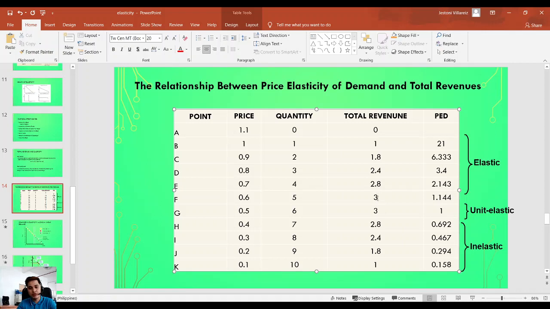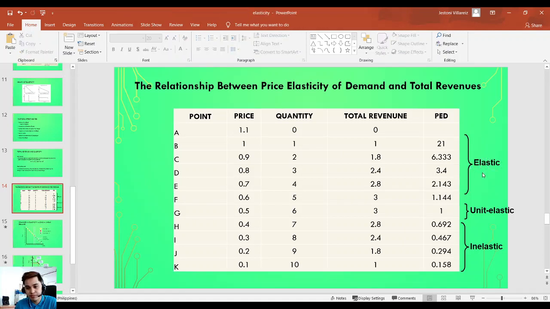Now while our total revenue is increasing, our elasticity of demand is elastic. Meaning, as we decrease the price, we are getting more revenue. So if you can identify your good as an elastic good, then it is better that you decrease your price.